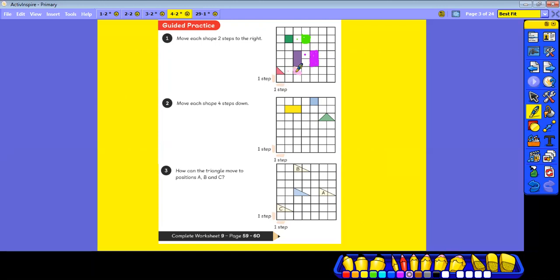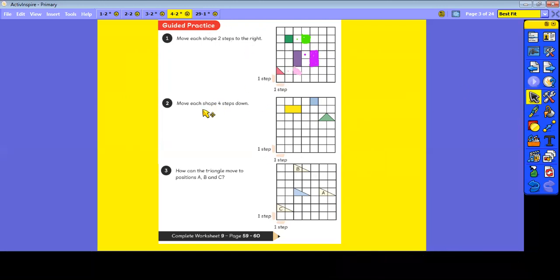So I've guided you through question 1. Let's have a little look at question 2, and I'll leave you to do these in your exercise books. Move each shape 4 steps down. You know what direction down is, don't you, children? It's that way. Oh, this looks like a more challenging question. It's a how question. How can the triangle move to positions A, B, and C?